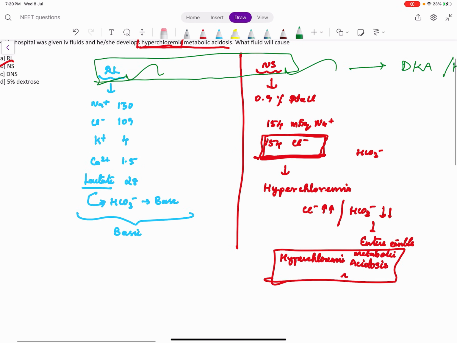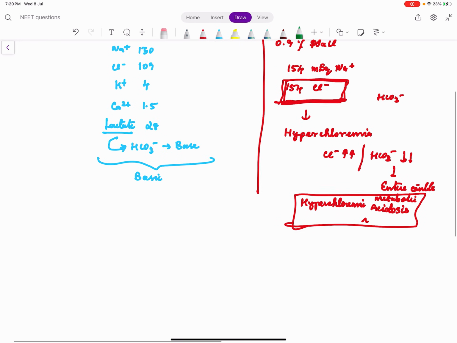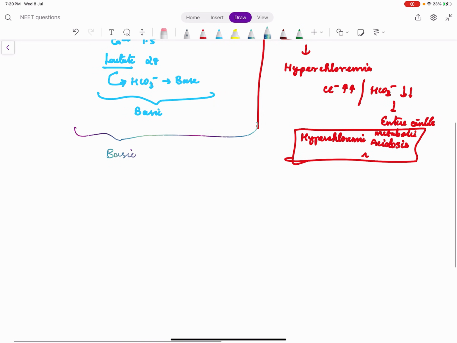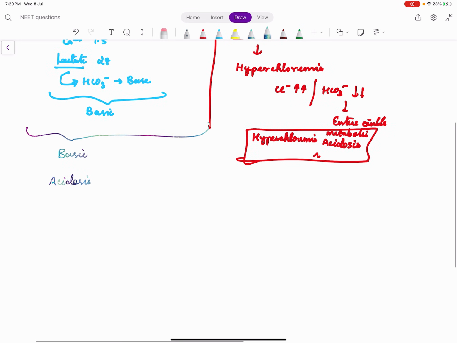But one important distinguishing factor is that Ringer's lactate is a basic solution, so it is preferred in conditions causing acidosis, whereas normal saline is basically an acidic solution, so it is preferred in conditions leading to alkalosis.